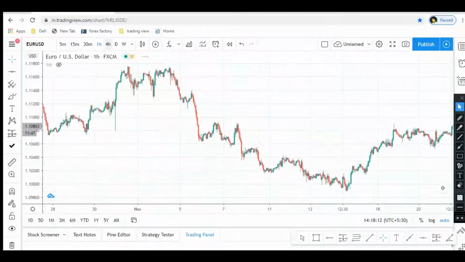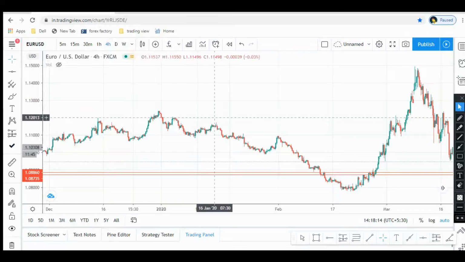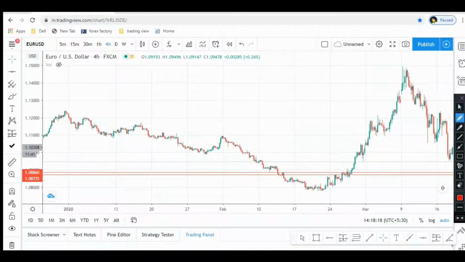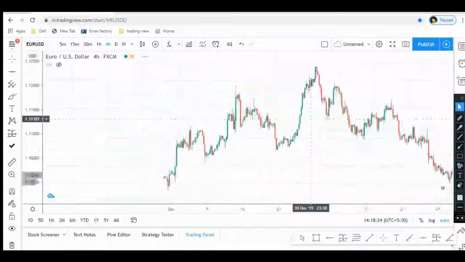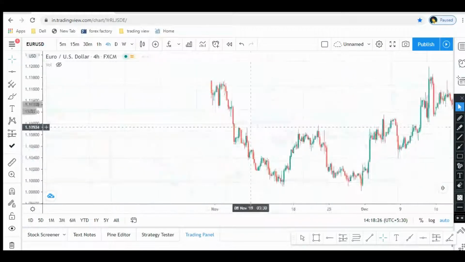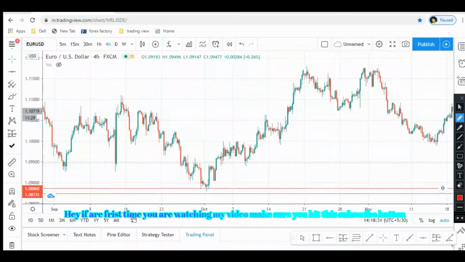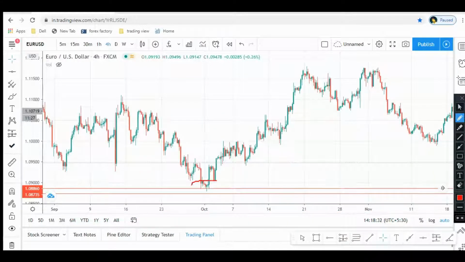I will switch to the 4-hour chart. Now we will find out how strong this is. As you can see, this particular area has acted as a resistance, but not that strong. Let's go back. As I said, this particular area acted as a support also.